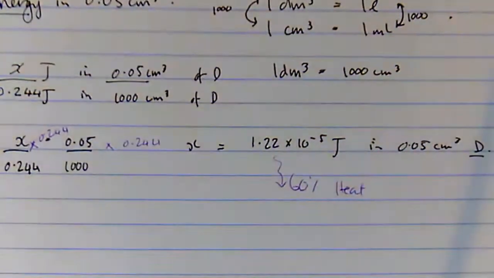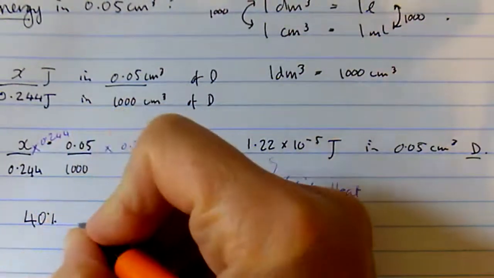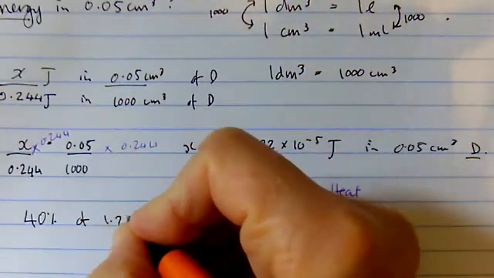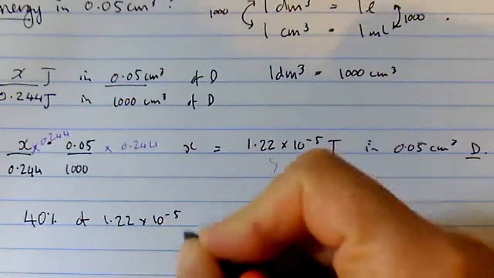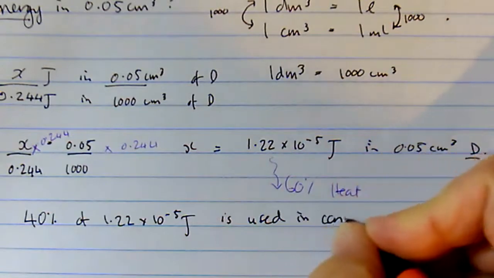Okay, so that means that 40% is useful. 40% is used in the contraction. So 40% of 1.22 times 10 to the minus 5 joules is used in contraction.